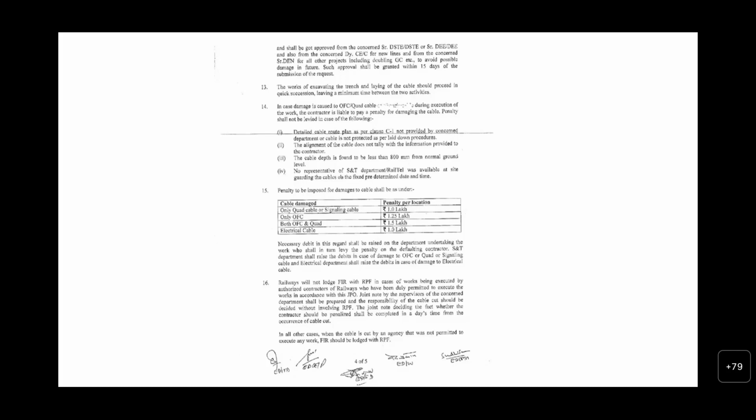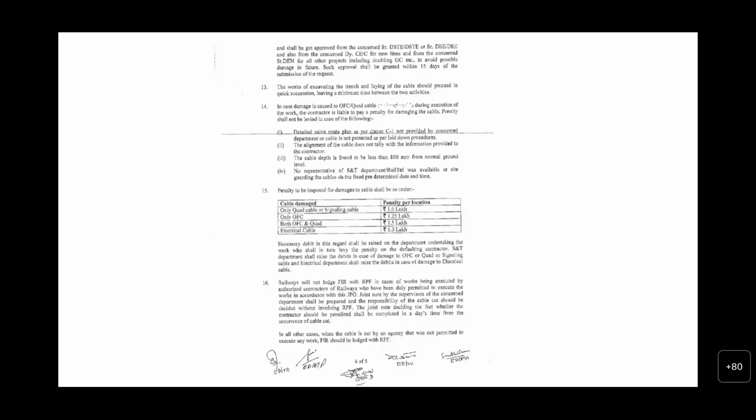Third, the alignment of the cable does not tally with the information provided by the contractor. So you have to give the proper indication to the executing authority that my alignment is so and so distance away from the track, and the cable depth is found to be less than 800 mm for normal ground level.